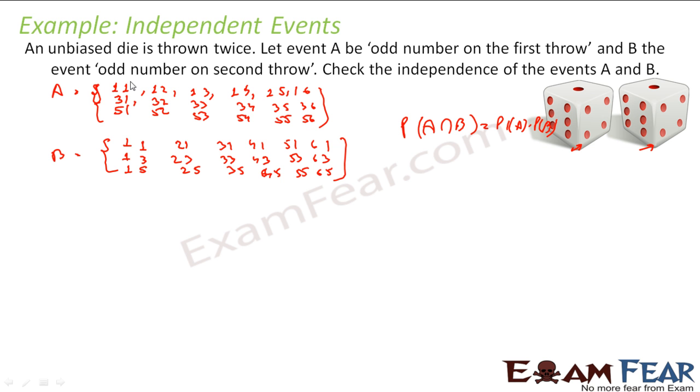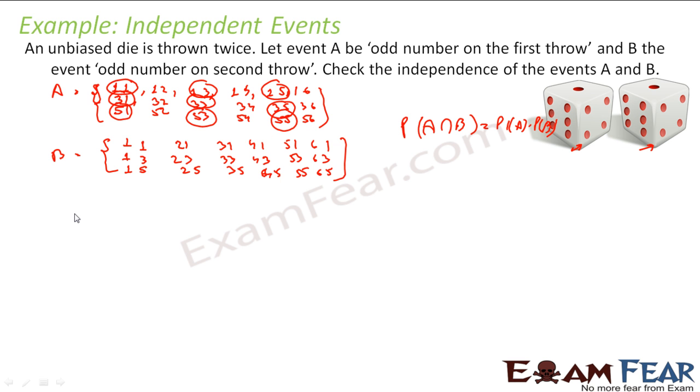Let's find the common elements. 1 1 is common, yes. 2 1 is common, no. 3 1 is common, yes. 4 1 no. 5 1 yes, right? 6 1 no. 1 3 yes. 2 3 no. 3 3 yes. 4 3 no. 5 3 yes. 6 3 no. 1 5 is yes. 2 5 no. 3 5 yes. 5 5 yes.